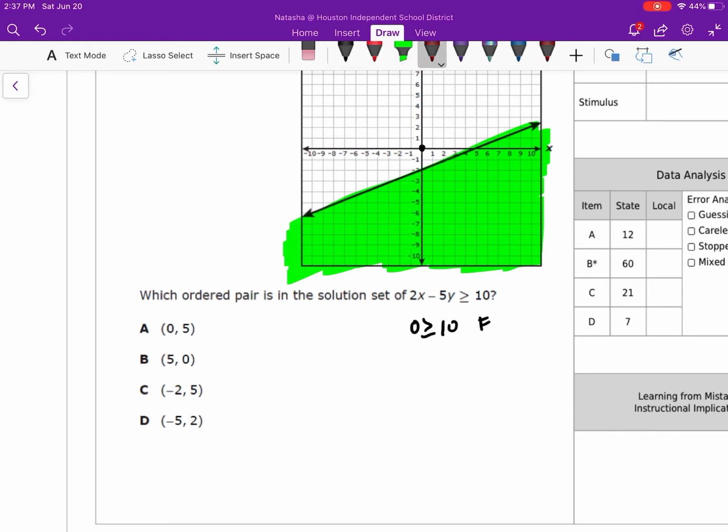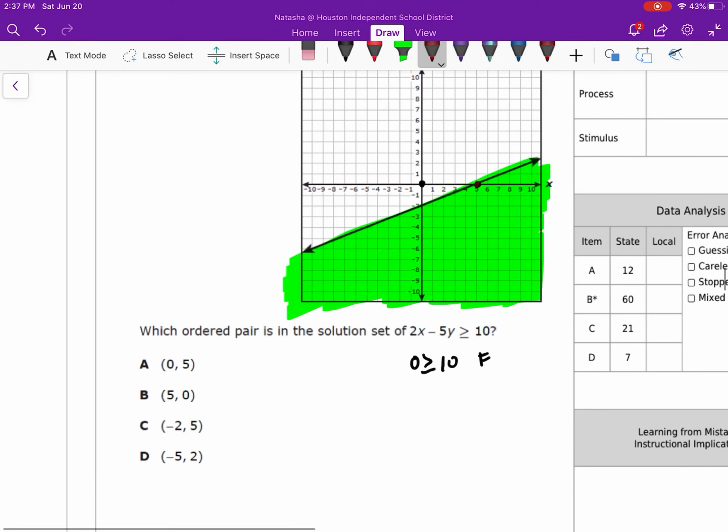So now let's go ahead and plot our points that we have. We've got 0, 5. 0, 5 is there. That's A. That looks pretty promising. Oh, hold on. Wait. Sorry. That is not A. What am I doing? 0, 5 is up here. That's A. All right. That's definitely not a solution.